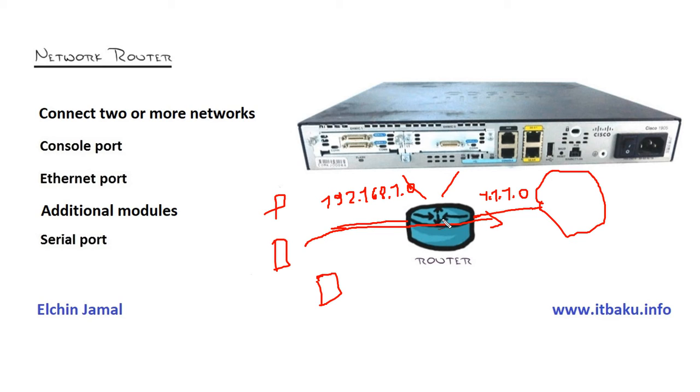So in this scenario, our router connects two networks together, and at the same time the router blocks any access from the outside network and protects our internal network from some access or from some attacks, right?